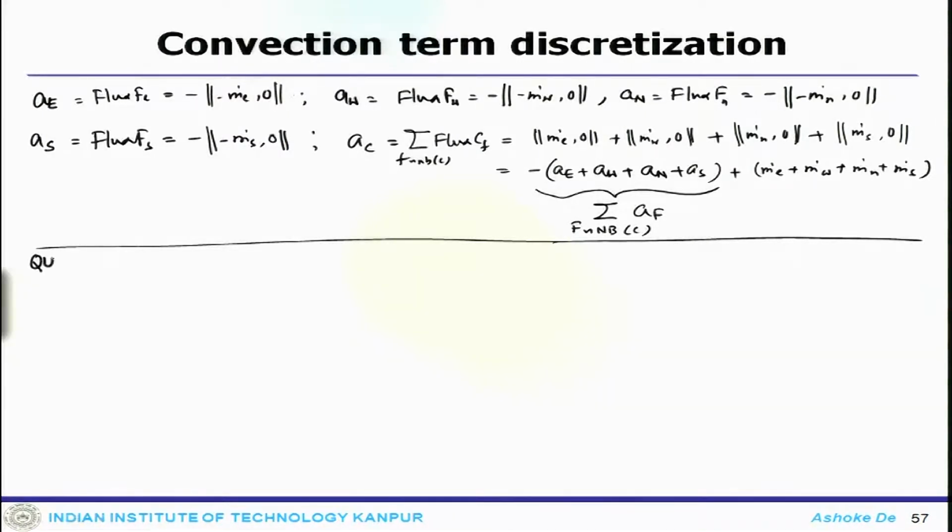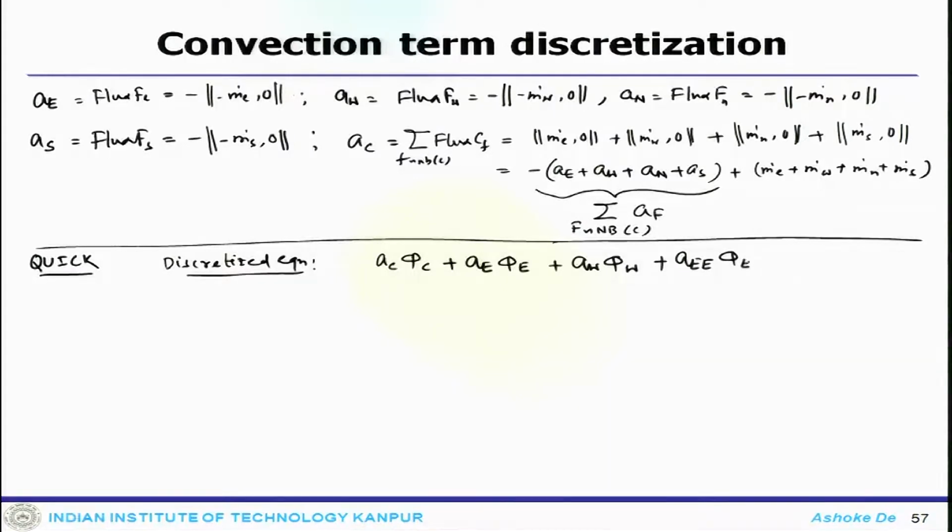If someone uses the QUICK scheme, which is third order accurate, then the discretized equation will look like AC phi C plus AE phi E plus AW phi W plus AEE phi EE plus AWW phi WW, AN phi N, AS phi S, ANN phi NN plus ASS phi SS.